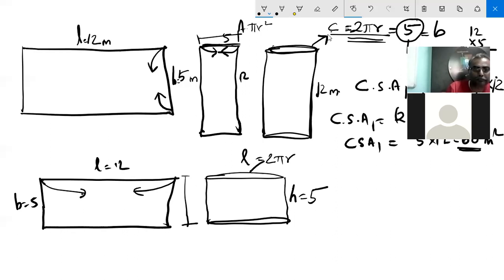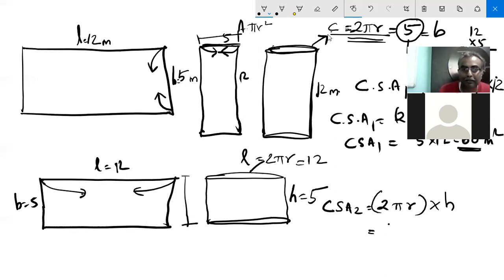What will be 2 pi r now? 2 pi r will be 12. What is the CSA 2 now, the surface area of this new cylinder? 2 pi r into h is 12 into 5, which is 60.